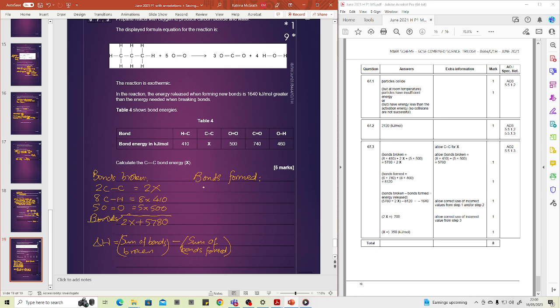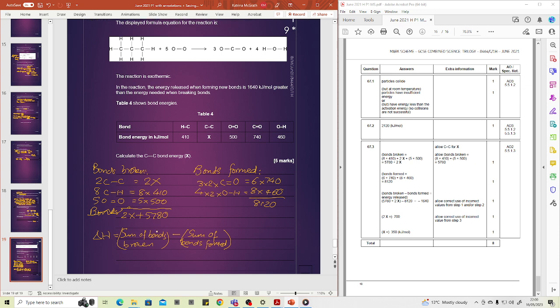And then bonds formed, we've got 3 times 2 times C double bond O, 6 times 740, and 4 times 2 times O-H, equals 8 times 460. Altogether 8120.